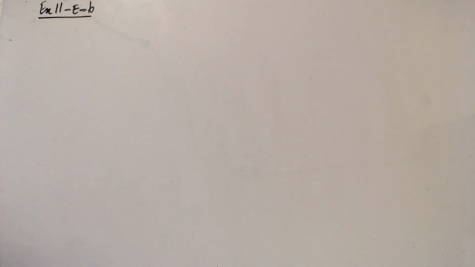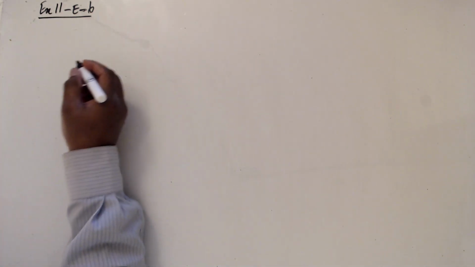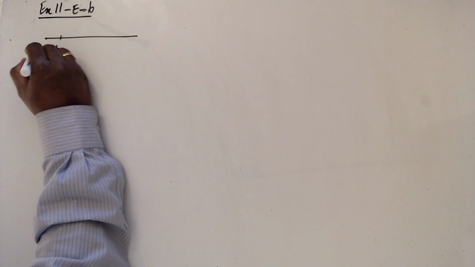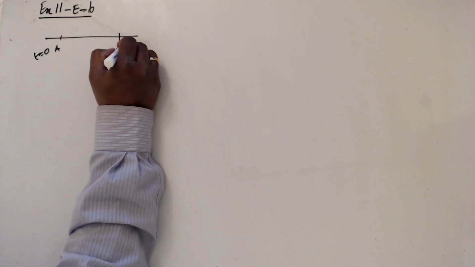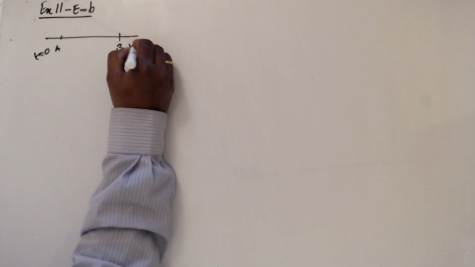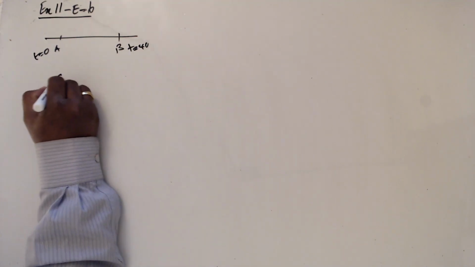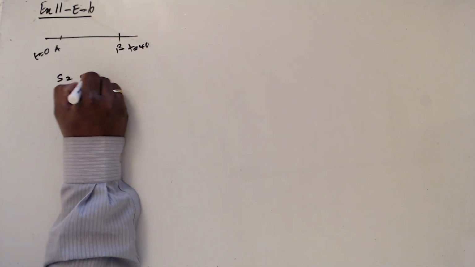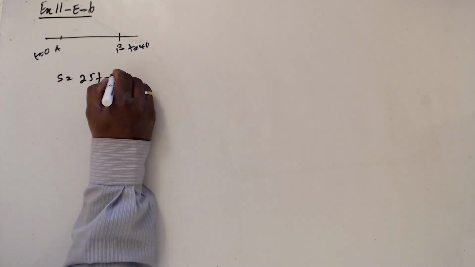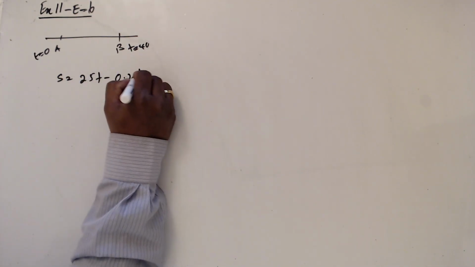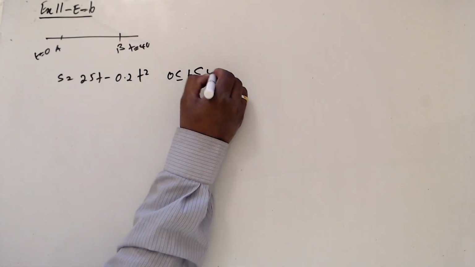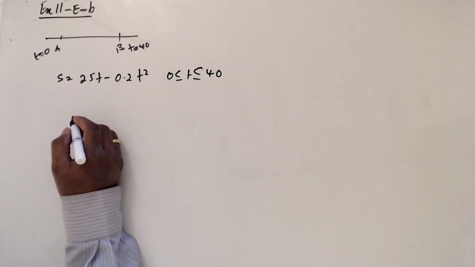Question 6. A train travels along a straight track, passing point A when t equals 0 and passing B when t equals 40 seconds. The displacement s is given by 25t minus 0.2t squared, for t between 0 and 40. Find the distance AB.